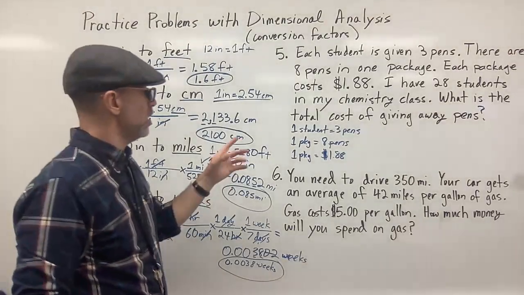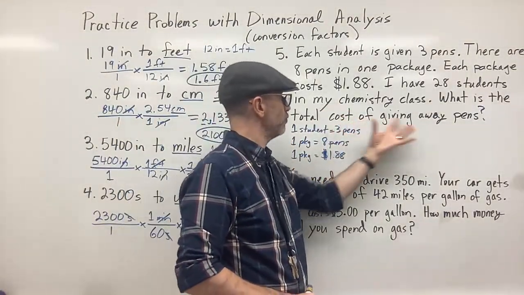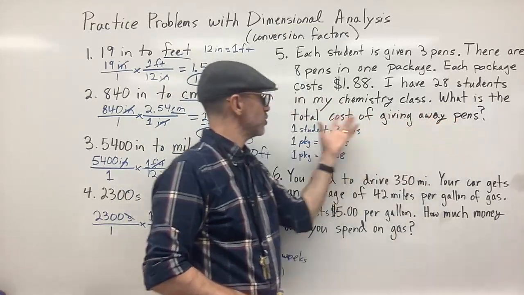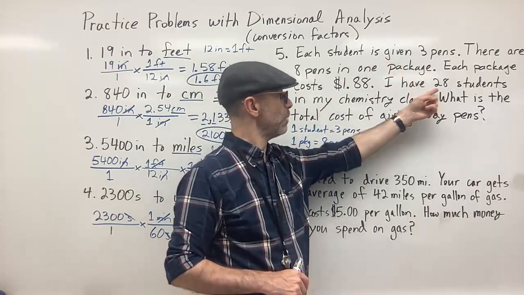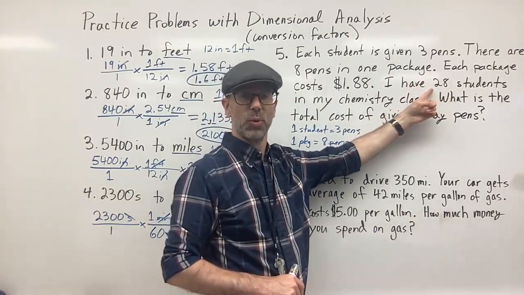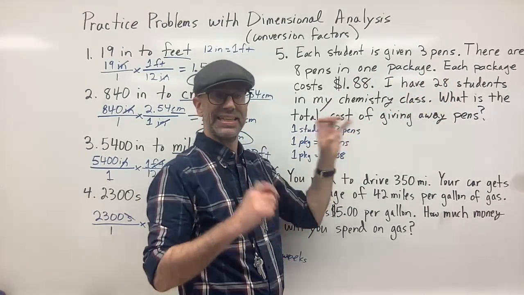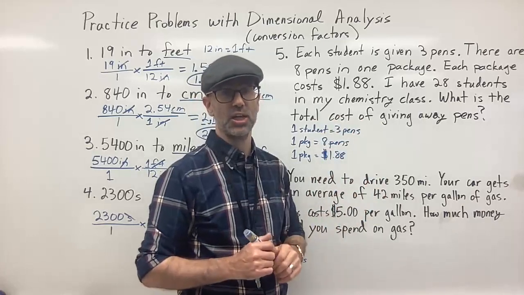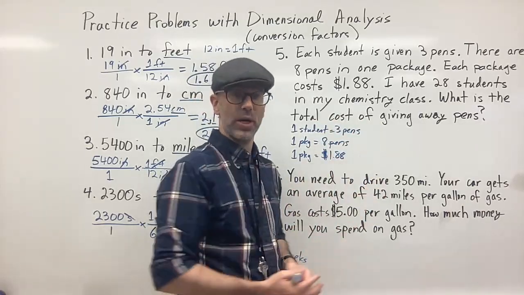And of what? Of giving away pens. So what is the cost to me of giving away pens to who? My 28 students. So what I need to do is start with 28 students until I can get to the cost in dollars, right? How much is it going to cost me in dollars to give away pens to 28 students?